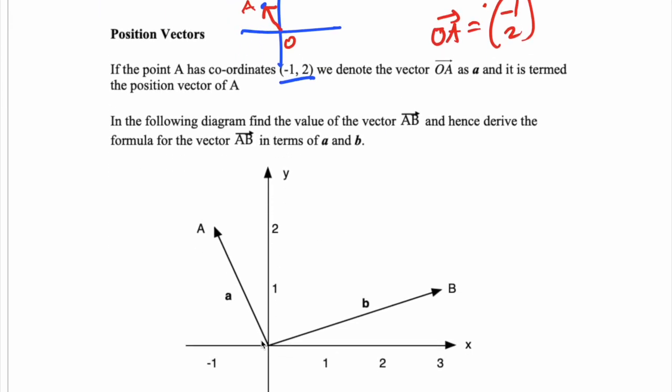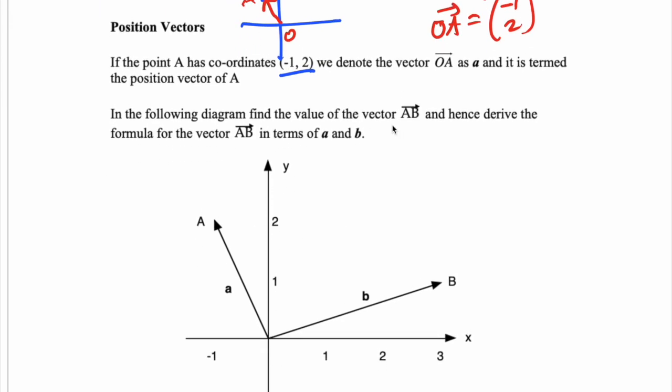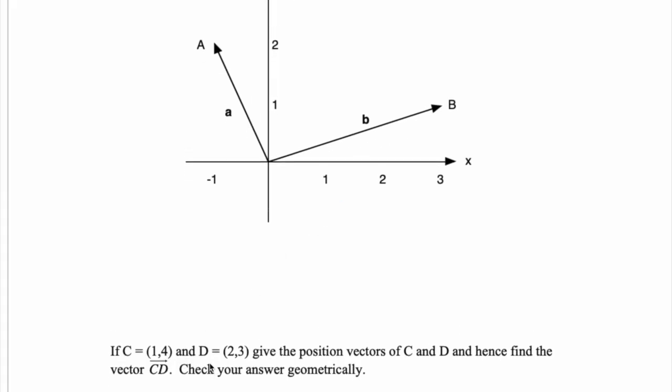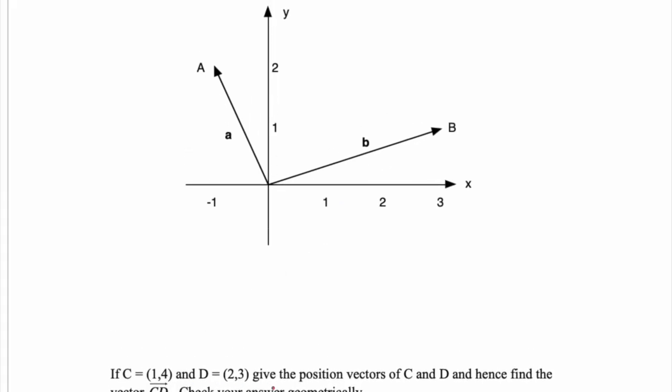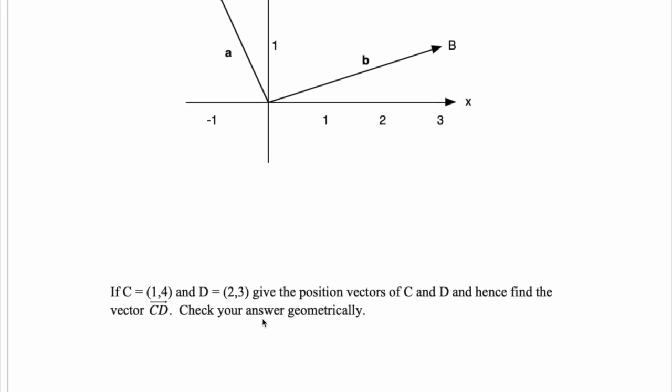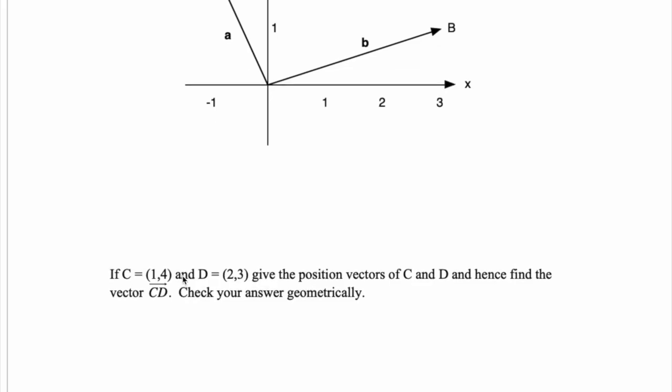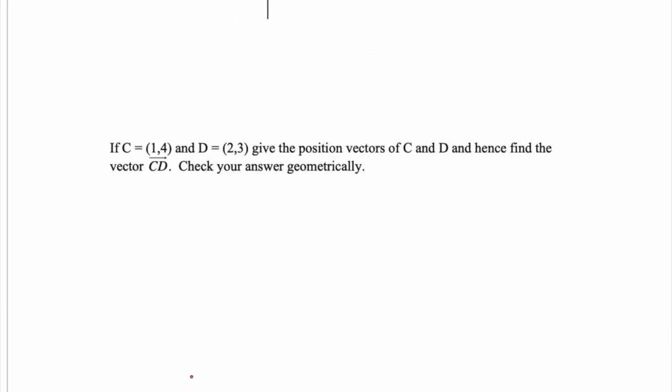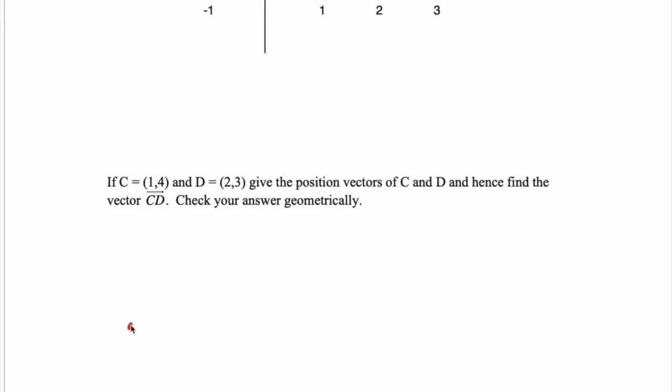Okay, so we've got a couple of vectors here. If C equals 1, 4, and D equals this, give the position vectors of C, D, and hence find the vector CD. So to do that, let's represent that.